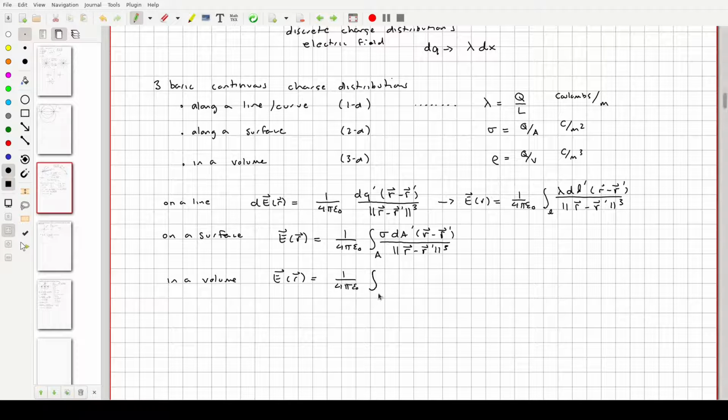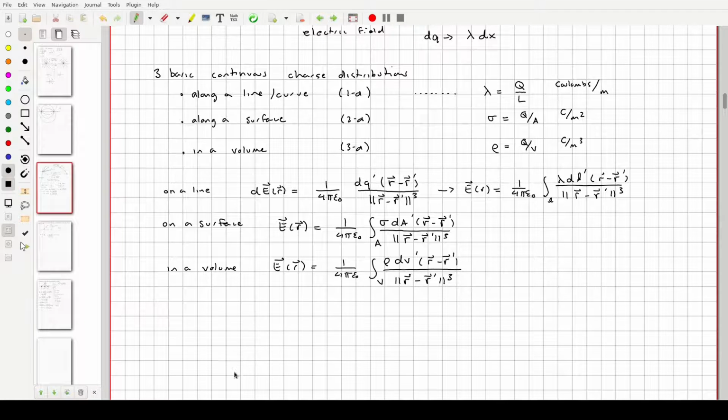Now we're doing a triple integral, 1 over volume, rho dV prime, R minus R prime, over R minus R prime cubed. So as you can see, there's really no difference between these other than the fact that we're dealing with a line here, an area here, and a volume here.